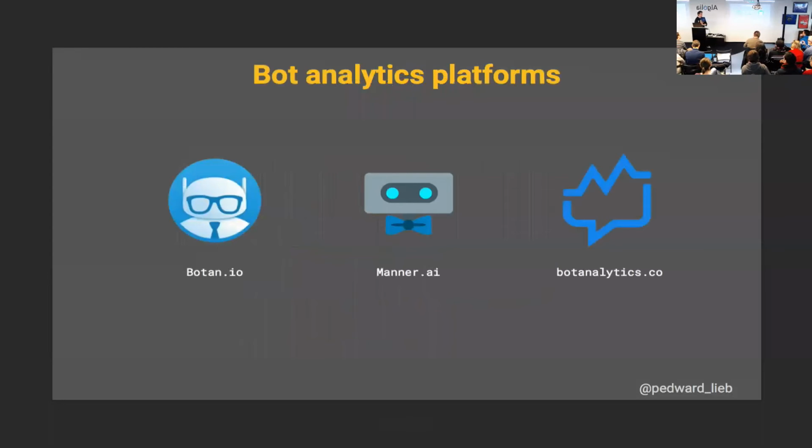Usually people do it manually within the code, but you have button.io, which is exclusively for Telegram, if I remember well. You have mana.ai and bot analytics code. Again, these are just APIs. When you have a message or a new person connecting to the service, you can send all the information to their service. Then you have a nice dashboard where you can monitor everything that is happening.